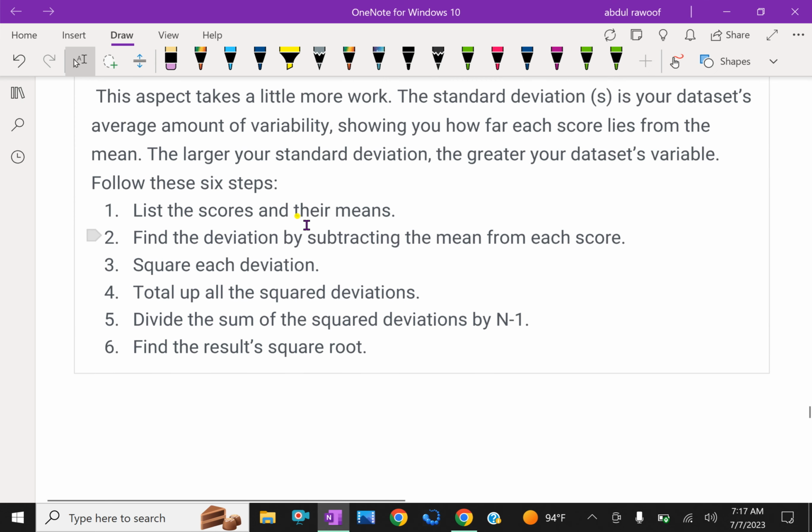First, list the scores and their mean. Find the deviation by subtracting the mean from each score. Square each deviation and total up all the squared deviations. Divide the sum of squared deviations by n minus 1. Find the square root of the result. With one example, we can understand this concept.